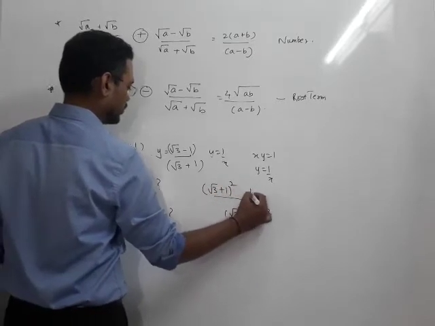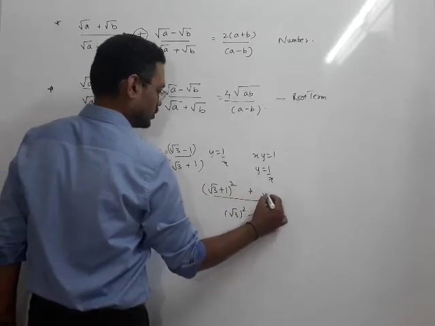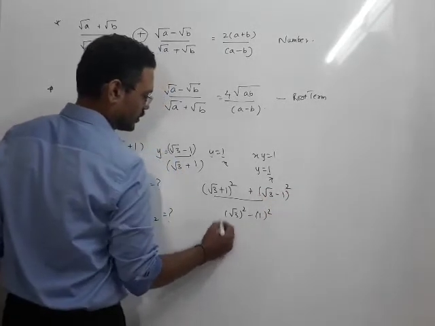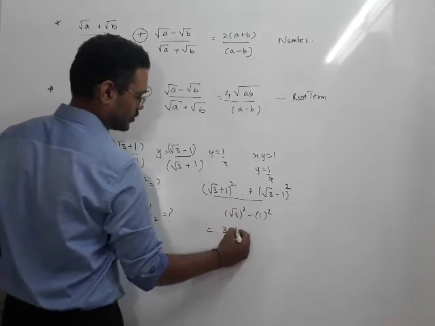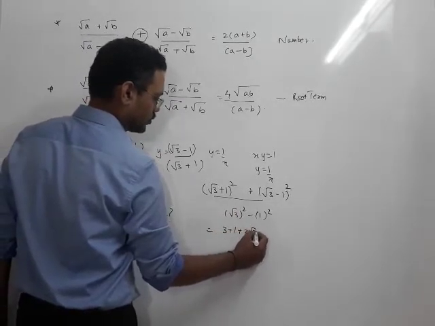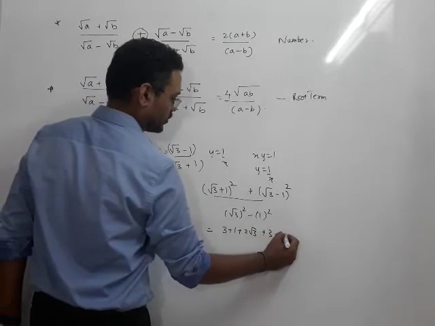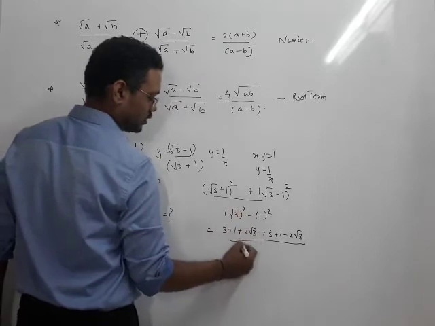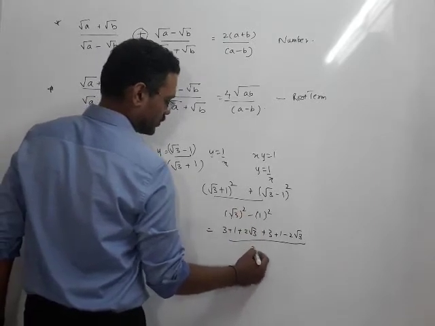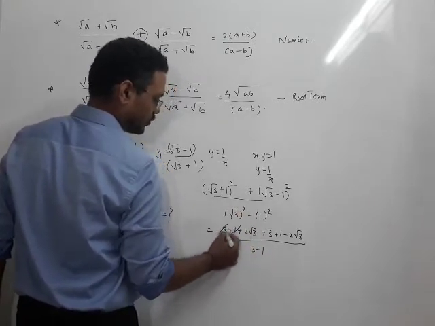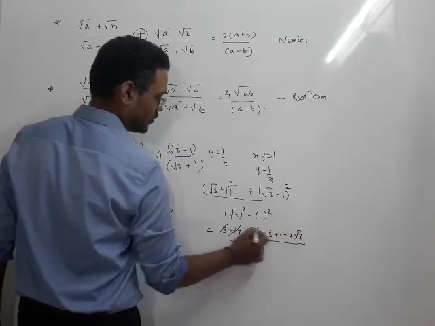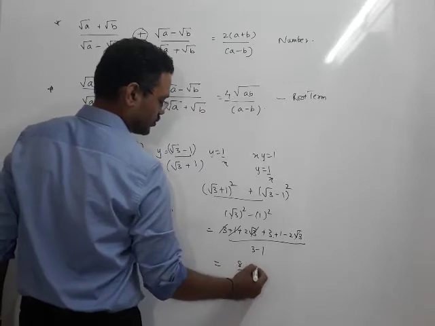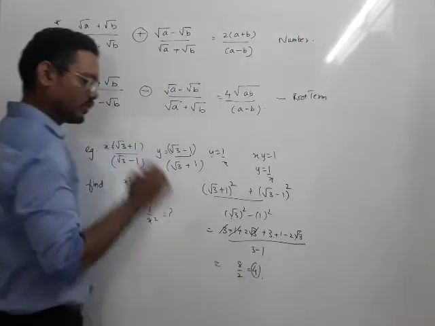This will be square plus this will be whole square, which will be a square is 3 plus 1 plus 2 root 3, plus 3 plus 1 minus 2 root 3, upon 3 root 3 square is 3 minus 1. It will be 4. This and this is cancelled. 4 plus 4, which is 8 by 2, which is 4. This is how we solved.